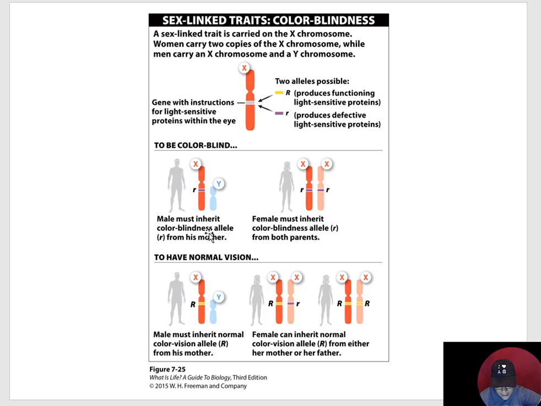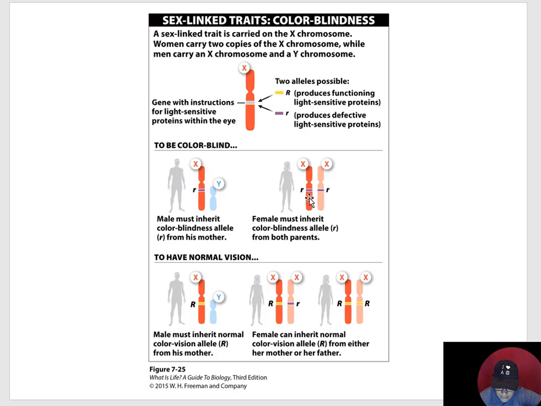a male must inherit a color blindness allele, which is lowercase r, from his mother, because that's carried on the X chromosome. That's who he gets his X chromosome from, right? And a female must inherit color blindness from both parents because she has two X's, right?